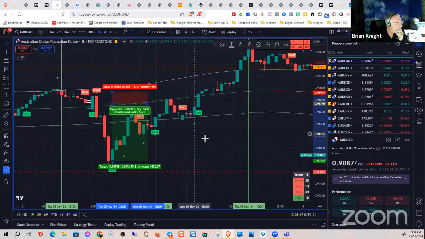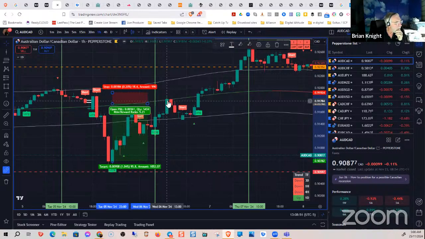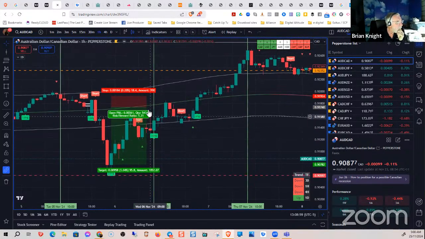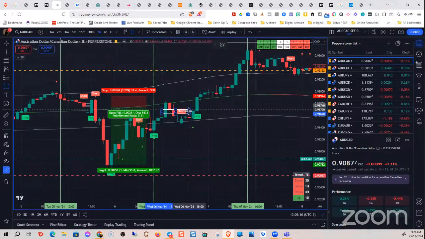Here's the next 10 a.m. So that's now bullish. This is then the fair value gap in here. Correct? Wick to wick.